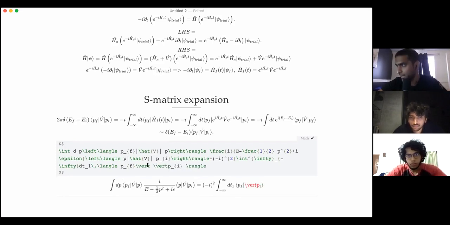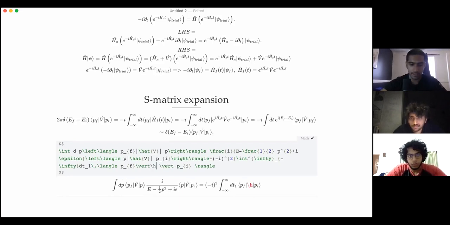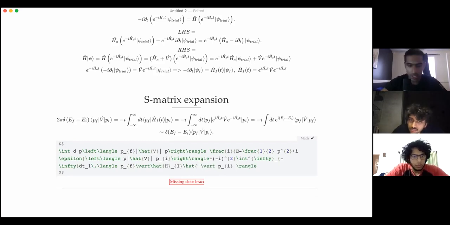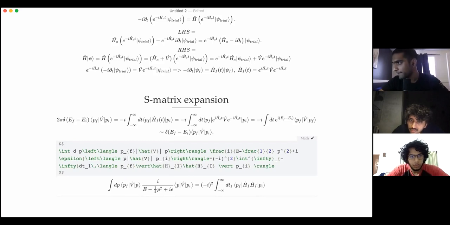But now we're going to have two factors, HI HI, because this is going to be the second order term in the series.